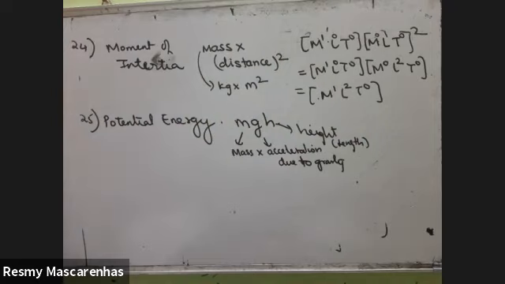Acceleration due to gravity means what? Potential means you are keeping it at a height and this is your ground. Anything you release, if it's falling, there will be gravity applied, because on the earth there will definitely be a gravitational force acting upon it.